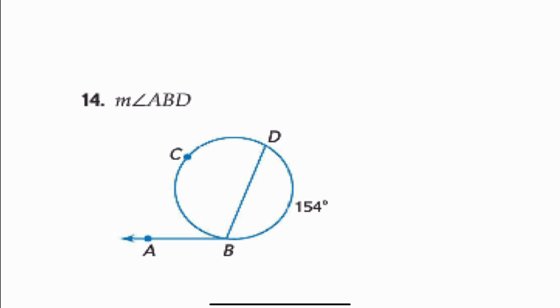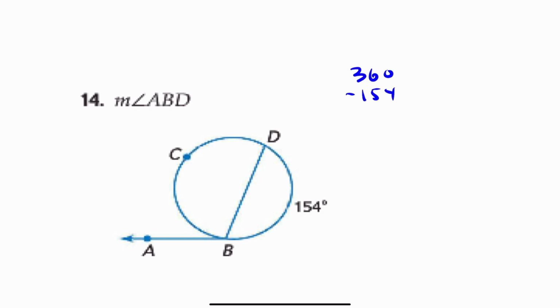Because this arc here is 154 degrees. Okay? And you know for sure that a circle is 360 degrees. So to figure out how long this arc here is, I gotta do 360 minus 154 first.